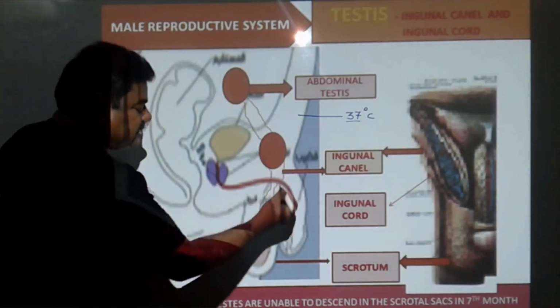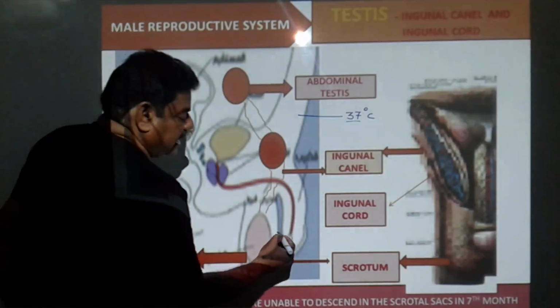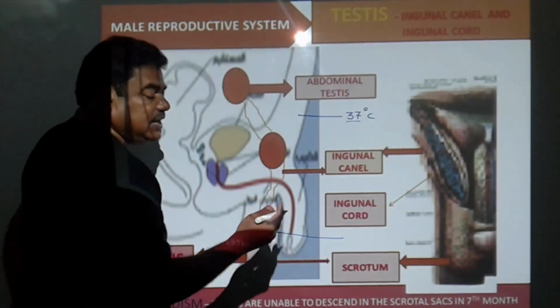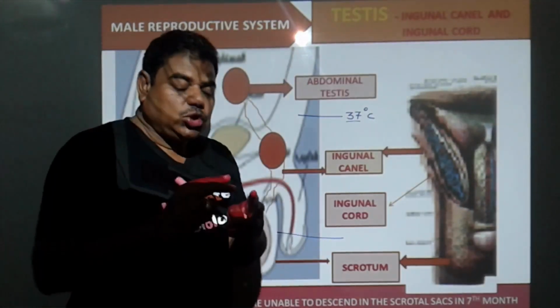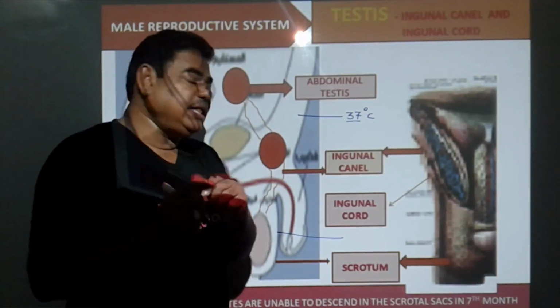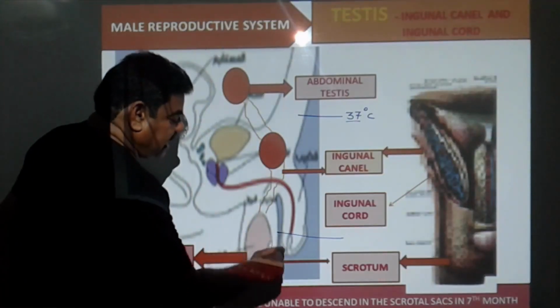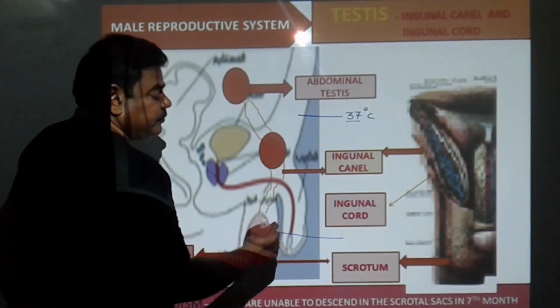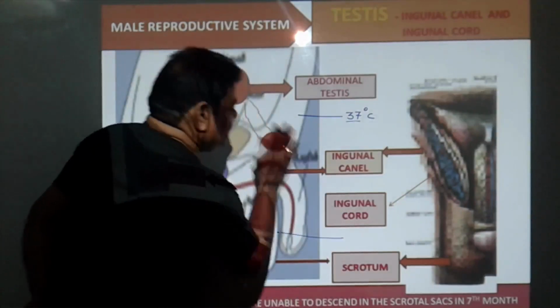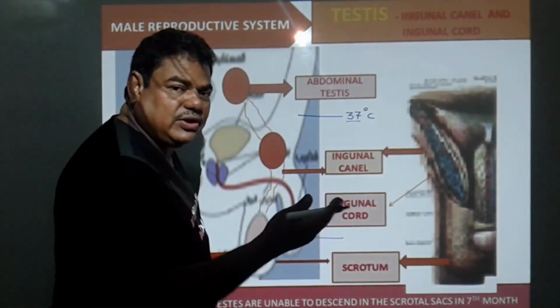Now when the testes descend into the scrotal sac, the temperature there is less than the abdominal cavity by 2 to 2.5 degrees centigrade. Means the temperature of the scrotal sac is less than the abdominal cavity, 2 degrees centigrade to 2.5 degrees centigrade.